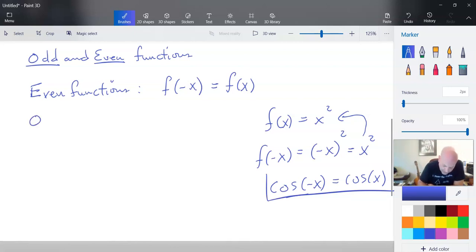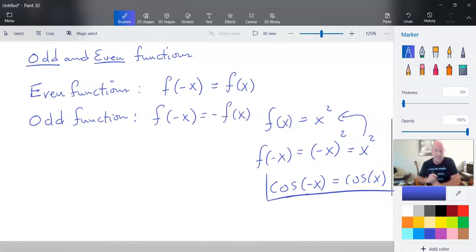A function is odd if, when I stick in negative x, it's the exact same thing as just taking the original function and multiplying it by a negative, right? So a polynomial example would be x cubed, right? If I take f of x to equal x cubed, well, let's see what happens when I stick in negative x.